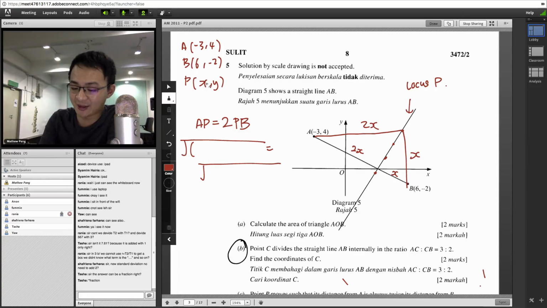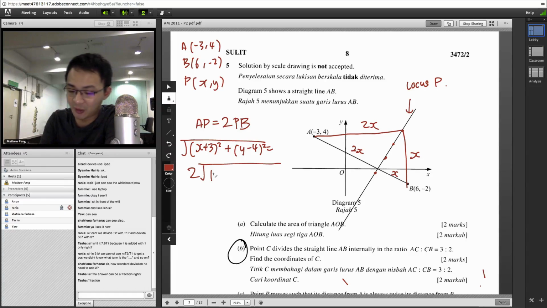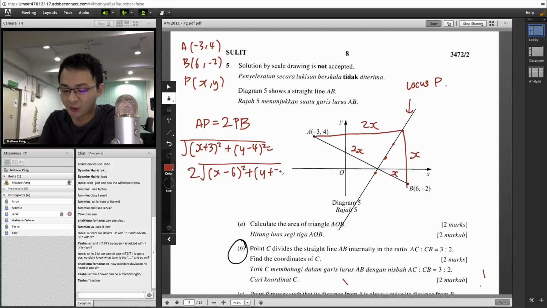For AP, I will start with x. So x minus negative 3, x plus 3 squared, and plus y minus 4 squared, equals twice the distance, so equals 2 times PB. For PB, P is x, so it will be x minus 6 squared plus y minus negative 2, which is y plus 2 squared.